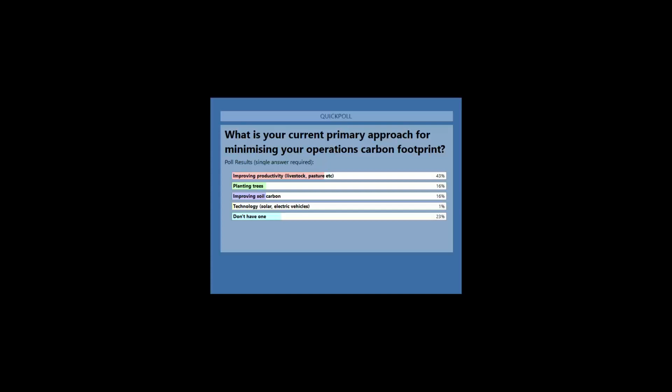So what's Cooter Park got to do with carbon? Well, I'll give you the link there, and it is feed efficiency and that focus. So anything we can do in our business that improves our productivity is going to help us in terms of our carbon footprint in the future.